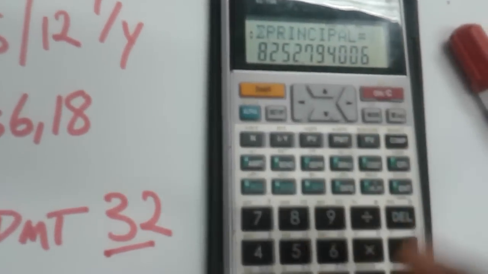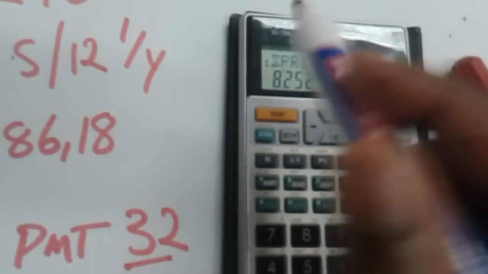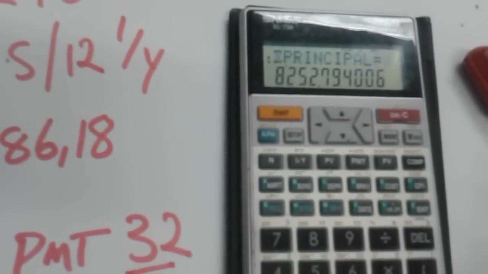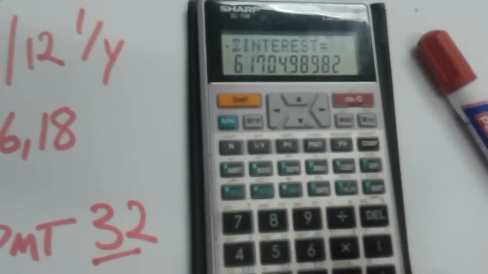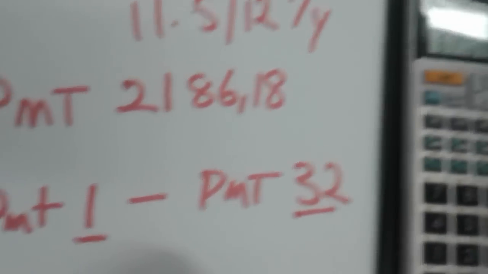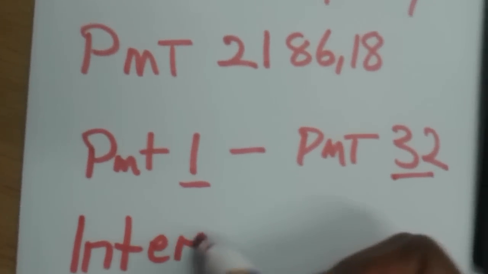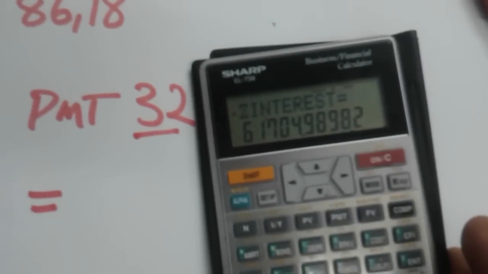Again, you go down again. So you see that sign there is the summation sign. It simply means the total principal that was paid is that. But again, we don't want the principal. Then there we go. Perfect. Now we want the interest. So the interest charged for these payments is equal to 61,704.99.